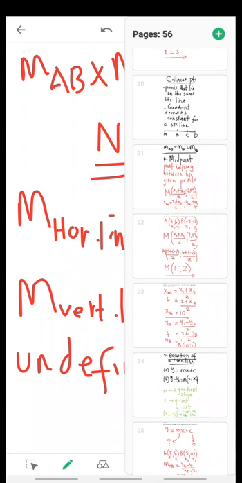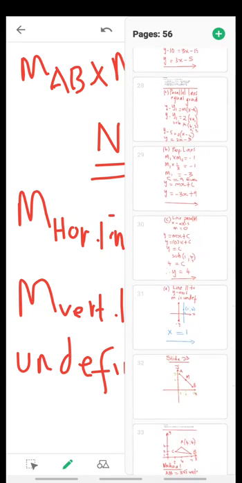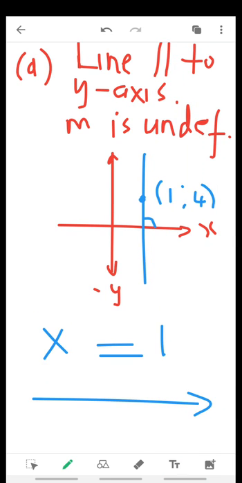Good. Now, let us look at the equation. How do you find that equation? First of all, line parallel to y-axis, its gradient is undefined. Okay, I have drawn that line which passes through point (1, 4) as given in the statement, and I realized that my blue line will be passing through x value 1.